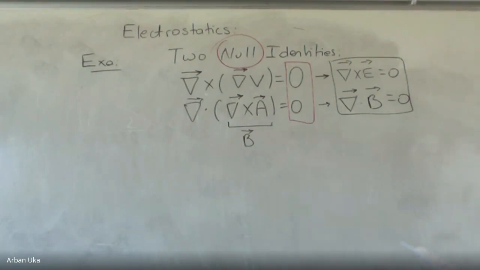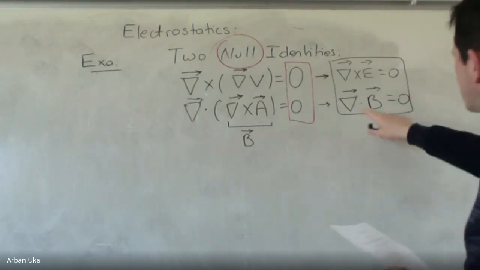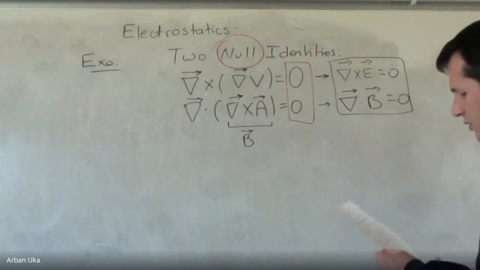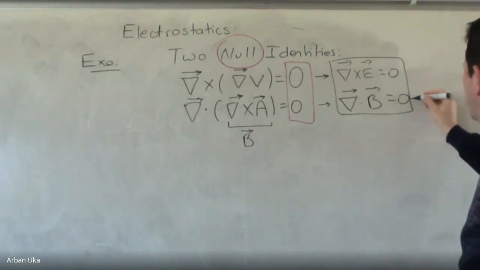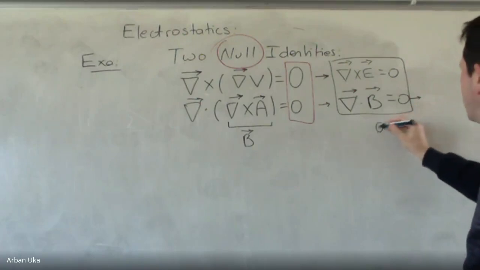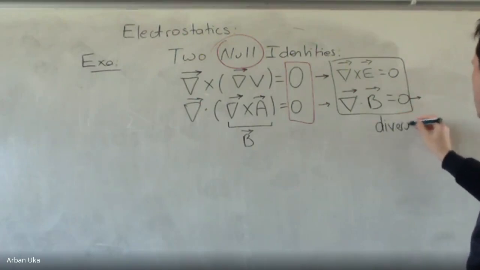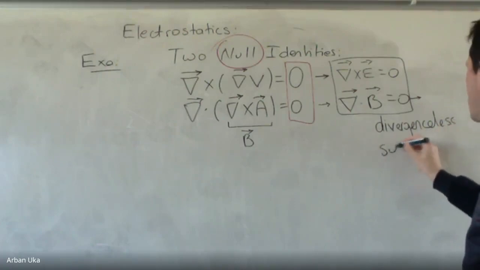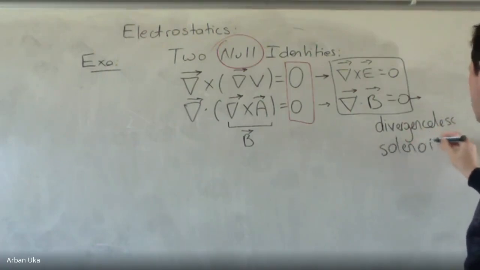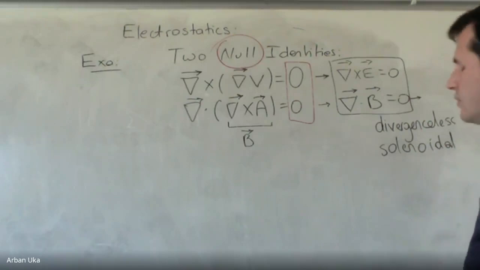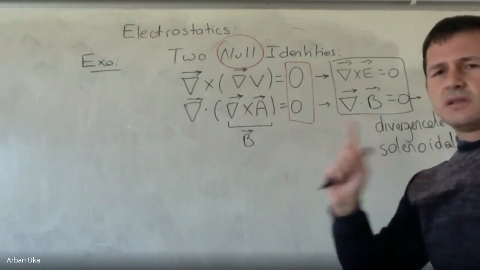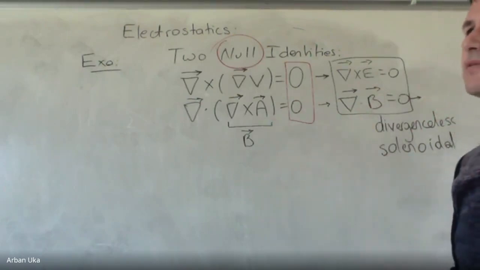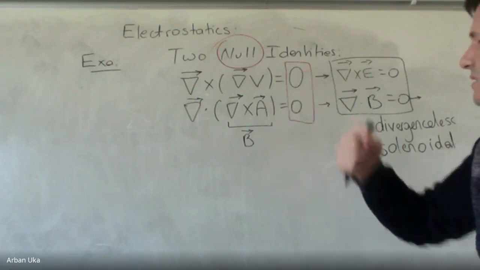And in fact, if this is true, which it is, we can call that B, for this specific case, divergenceless, or solenoidal. Like a solenoid, it's a structure or a geometric figure which looks like a cylinder.